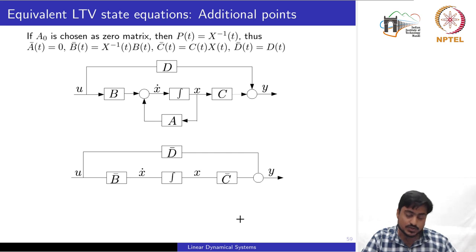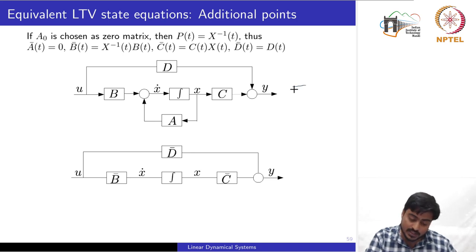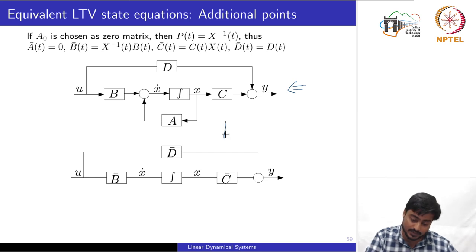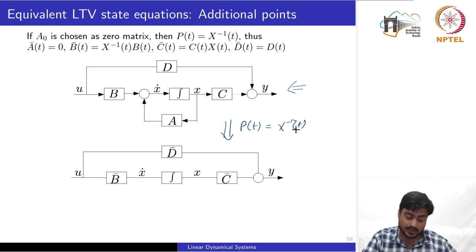So if A naught is chosen as a zero matrix, then P of t is basically given by the inverse of X, and I can replace A bar, B bar, C bar, D bar by these equations where A naught is my zero matrix. So if this is my original time varying state space representation, I can transform it into this part by using P of t equal to X inverse of t, where there is no longer an A matrix.